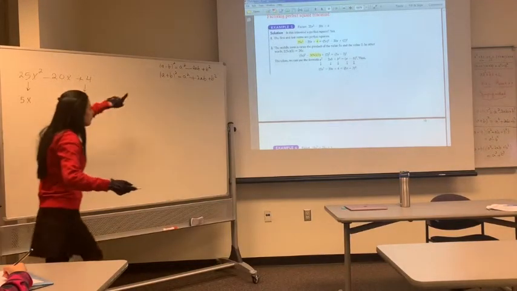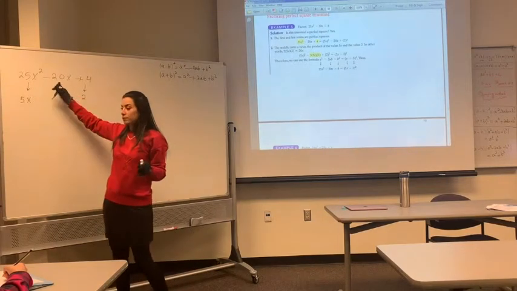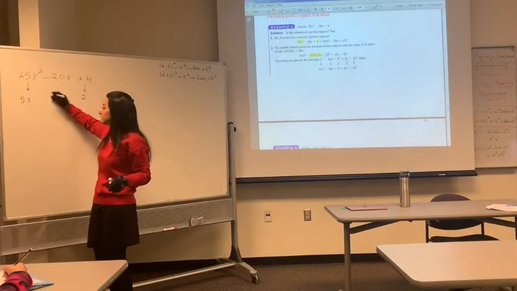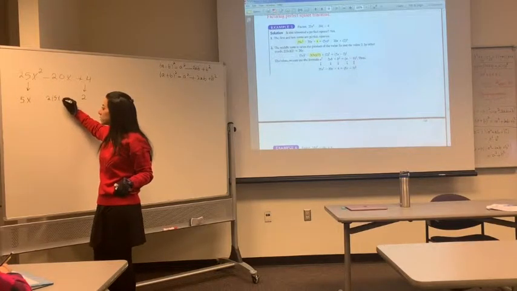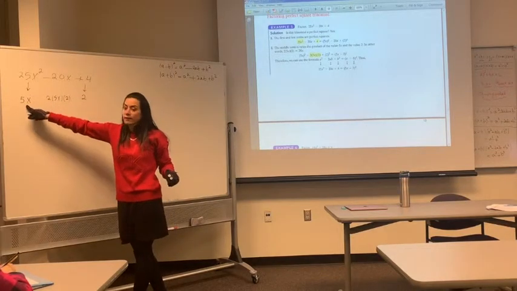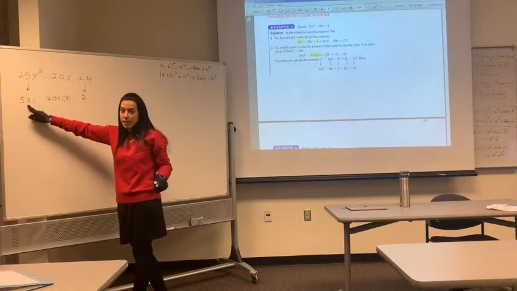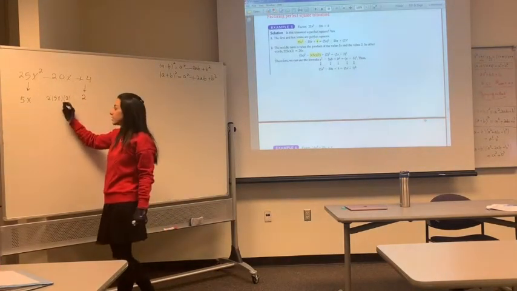Which one? The top one, because we have a negative sign for the middle term, right? So we should see if this is 2 times 5x multiplied by 2. 2 times A multiplies to B. Correct?